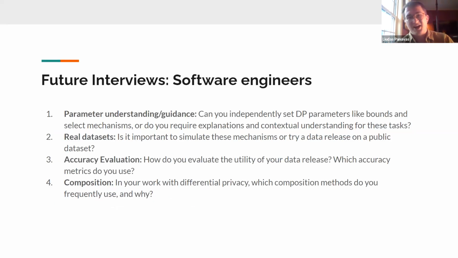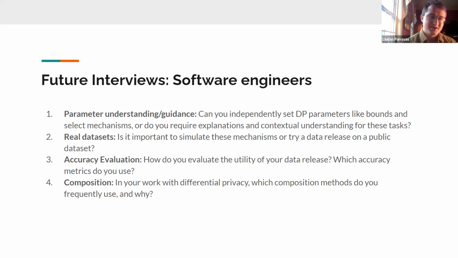Okay, and then I have some questions that I would like to ask in the next stages of interviews, and if there's anyone with any feedback on them, I'd love to hear that. The first set of interviewees, as I said, is the software engineers, and I have four questions that I'd like to ask.